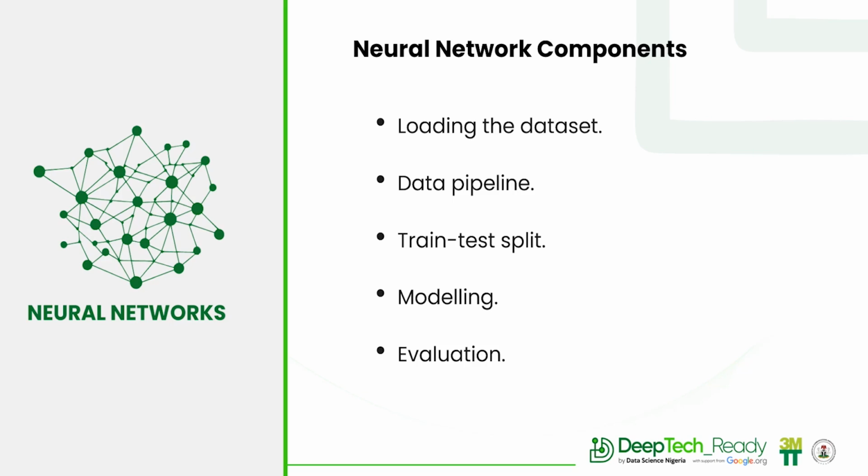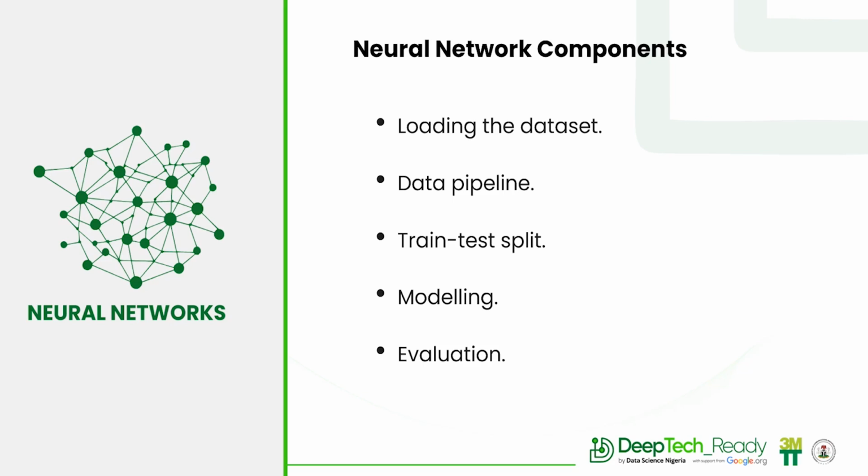Then the next thing at the point of modeling is the train test split. Train test split basically implies that you have a data set of cats and dogs, and you split the data into a chunk for training and a chunk for testing.